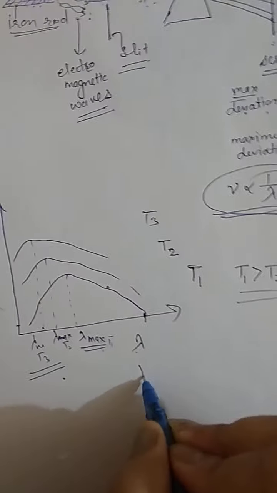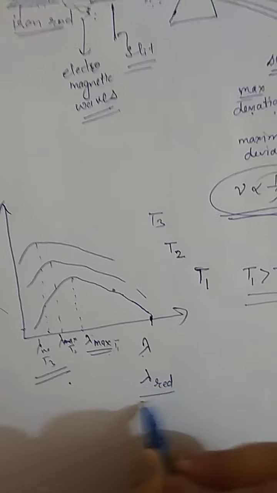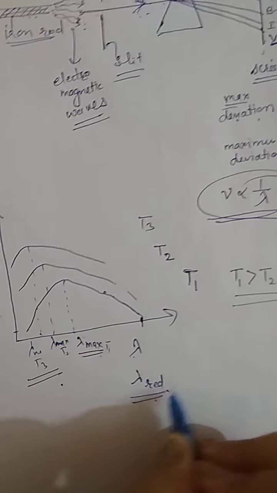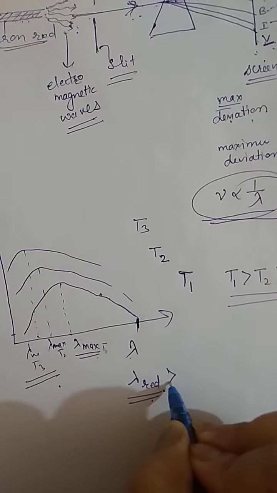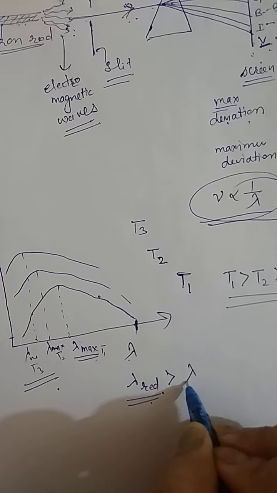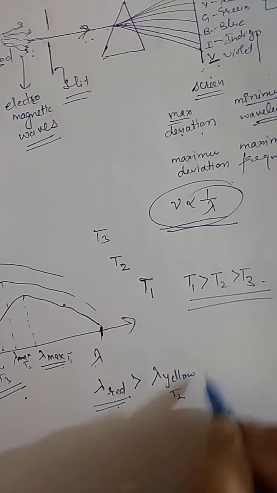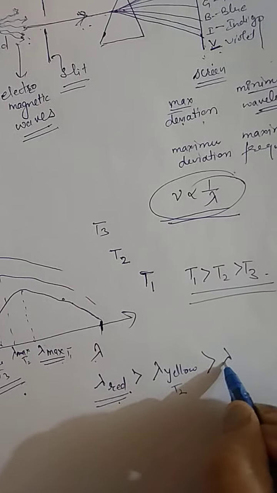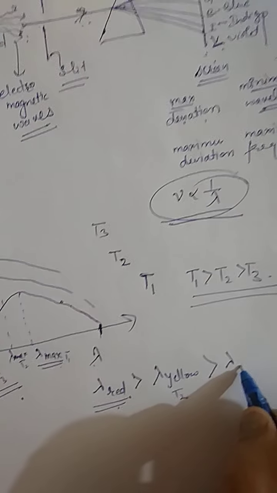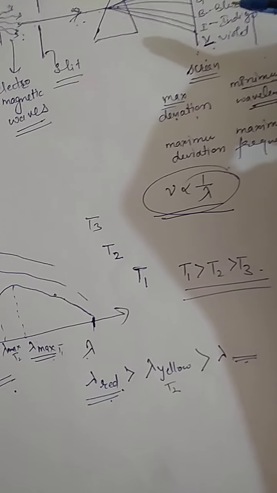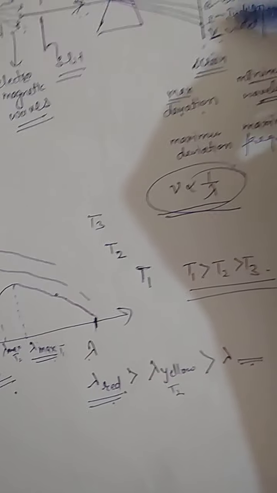We observe that lambda, the wavelength of red at T1, is maximum, greater than lambda of yellow color at T2, and greater than lambda for the other colors as we go down.